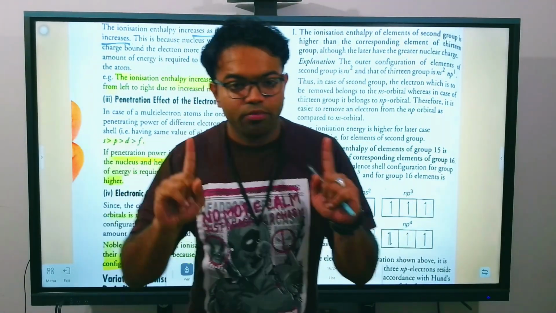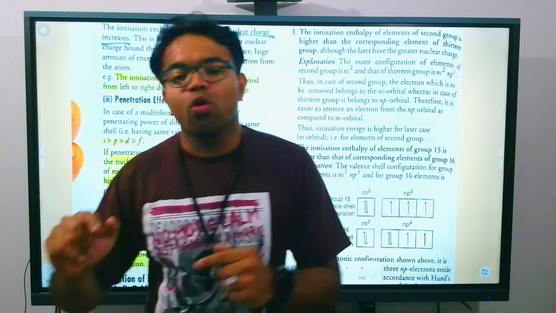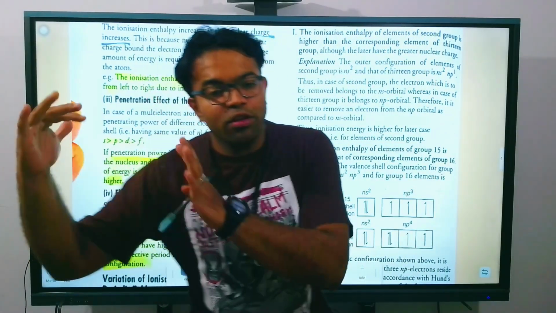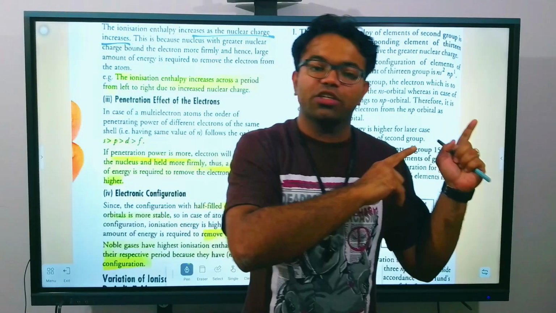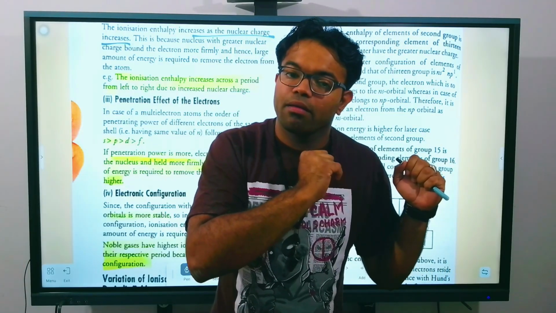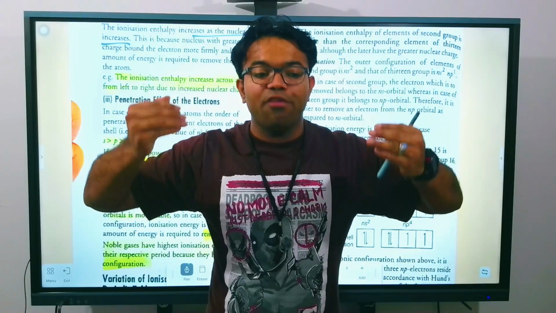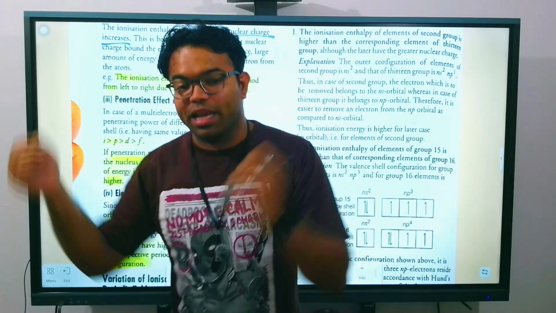Now Drupad, this is what I want you to understand very clearly. A period is the horizontal row. When you are going across a period from the left to the right, what ends up happening? Every single element gets a new electron introduced in the same shell.